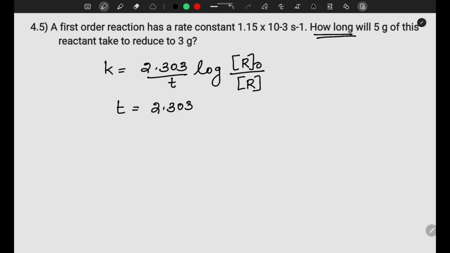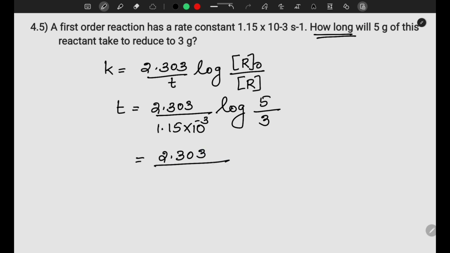2.303 by K. Rate constant is given as 1.15 into 10 raised to minus 3 second inverse, log initial concentration is 5 gram and final concentration is 3 gram. So that is equal to 2.303 divided by 1.15 into 10 raised to minus 3 into log 5.